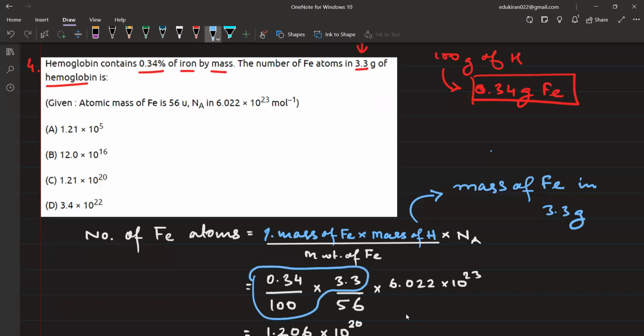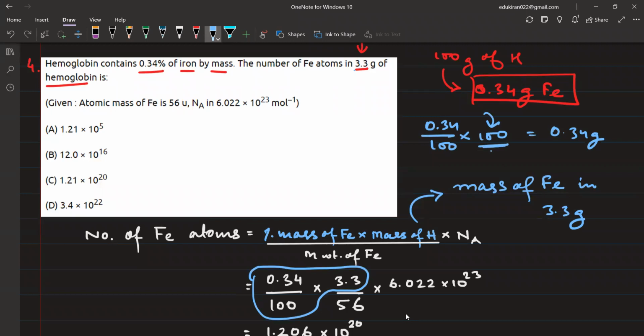For example, how did we get 0.34 grams in 100 grams? 0.34 divided by 100 into the mass of hemoglobin I am taking, I am taking 100 grams. So how much did we get? 0.34 grams of Fe. If I have 3.3 grams, then I just have to substitute 3.3 instead of 100 here.